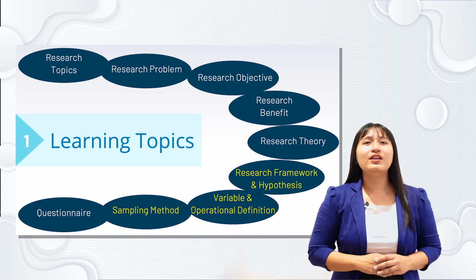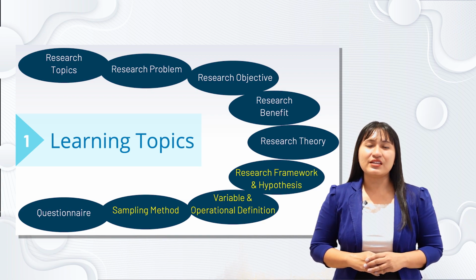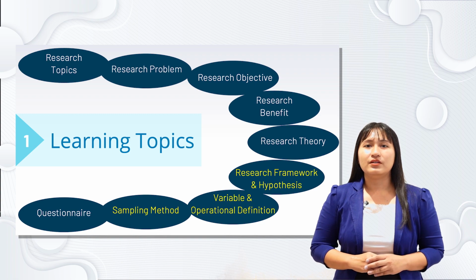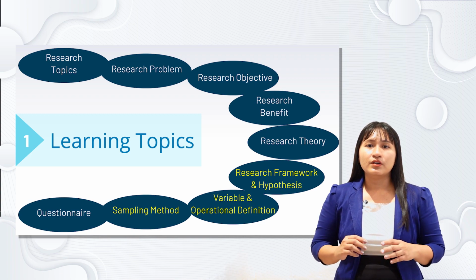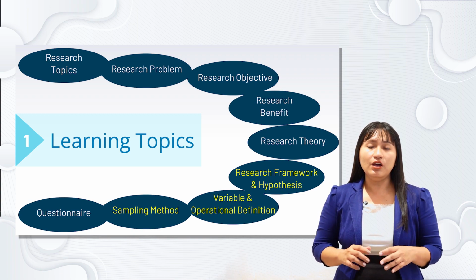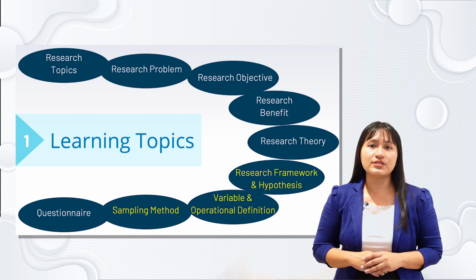And these are our learning topics. The first thing is the research topics, and then the research problems, the research objective, the research benefit, and the research theory that have been learned from the previous course.